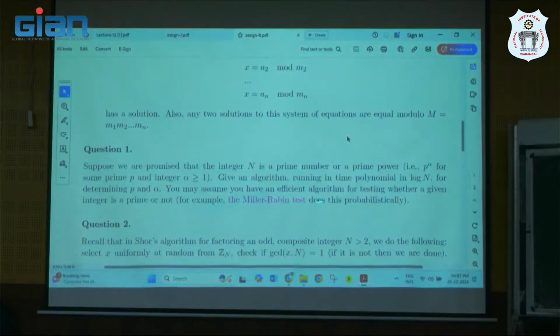You may assume you have an efficient algorithm for testing whether a given integer is a prime or not. For example, the test. So remember in our reduction, we were assuming that n is not a prime power, and we said, oh, if it is a prime power, we have a separate algorithm. Okay. So what is going to be the algorithm?